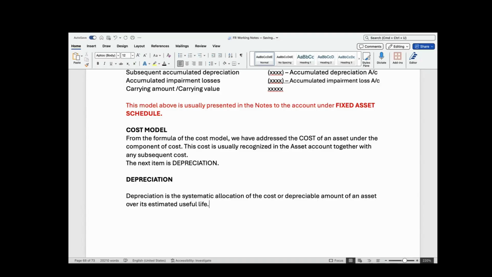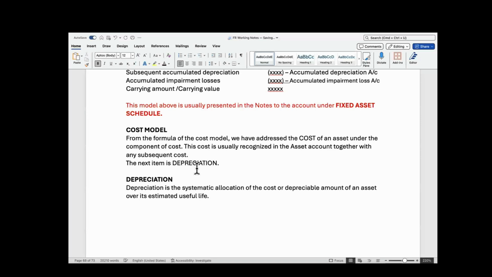So depreciation is the systematic allocation of the cost or depreciable amount of an asset over its estimated useful life.